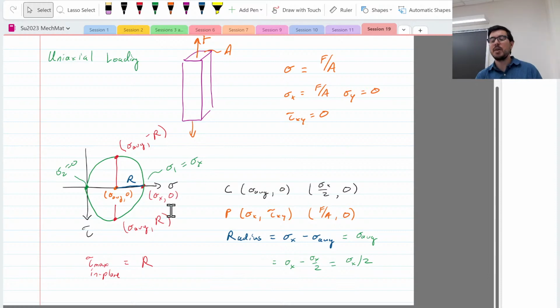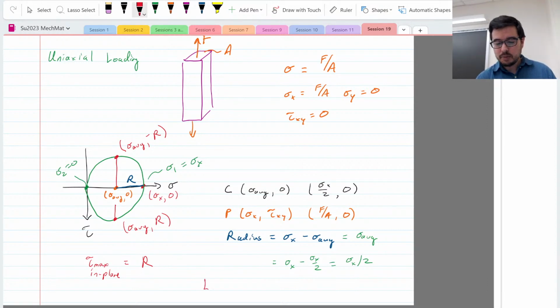That comes from this math. Look at this. You see that? What we're saying is, let's measure SY. What is the equivalent shear strength of the material?